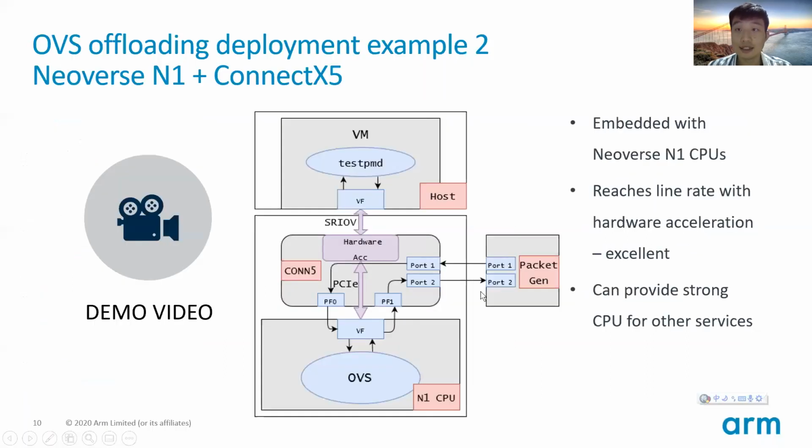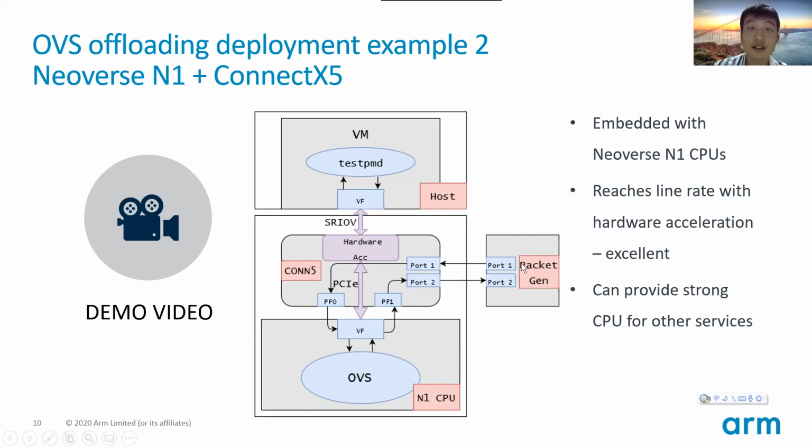Okay, let's see the second demo video. Because in current SmartNIC implementations, there is none that includes the up-to-date ARM cores, the new version N1, with the hardware acceleration function. So I use N1 SDP, which is embedded with a new version N1 CPU, and use a ConnectX-5 to demo the hardware acceleration.